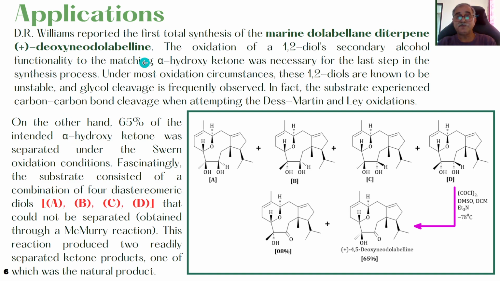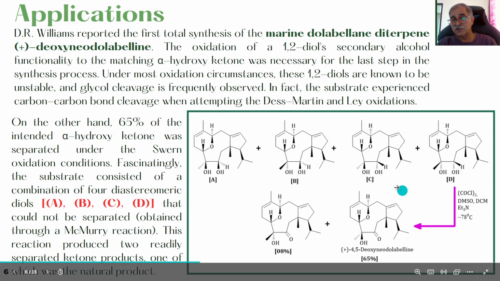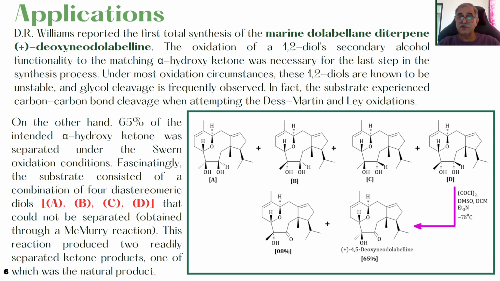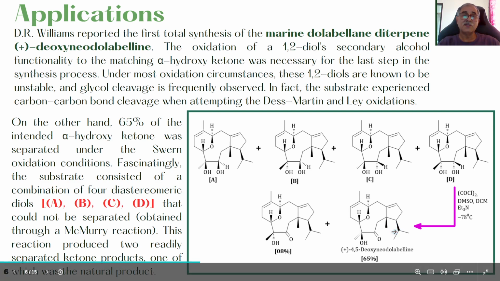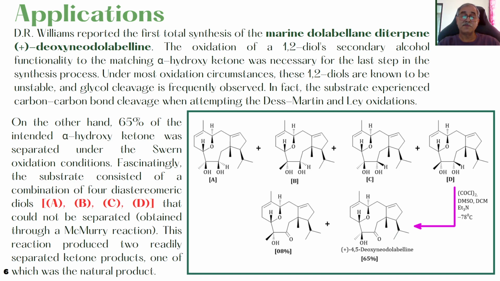For example, the Swern oxidation was one of the steps in the first total synthesis of the marine dolabellane diterpene, that is deoxyneodolabelline. This marine diterpene derivative was synthesized where one of the steps involved was Swern oxidation.